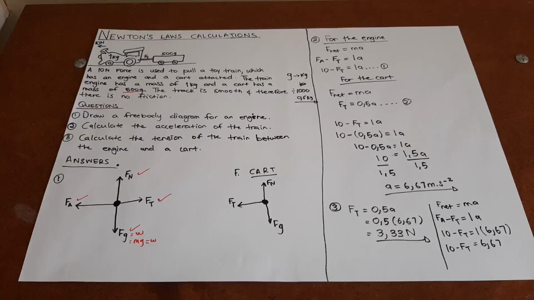Say 6.667 minus 10, that gives us negative 3.333.